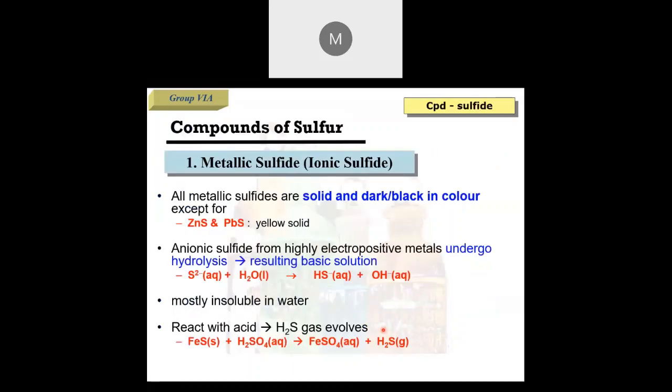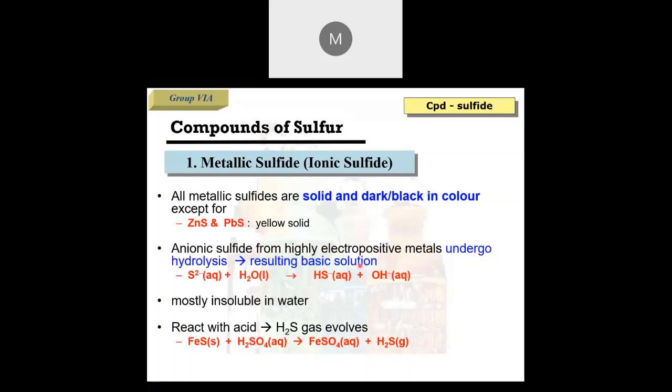Next, we will look at compounds of sulfur. We have the metallic sulfides, which are ionic. All metallic sulfides are solid and dark or black in color, except for zinc sulfide and lead sulfide. They are yellow solids. Ionic sulfides from highly electropositive metals undergo hydrolysis, resulting in a basic solution.